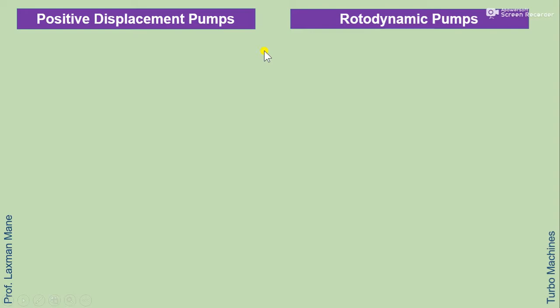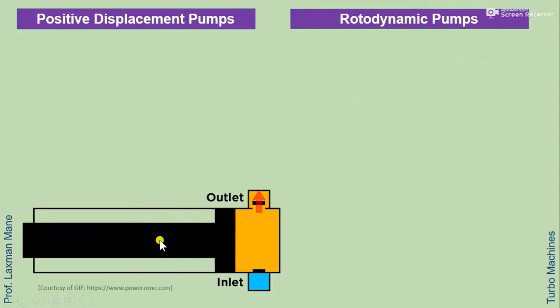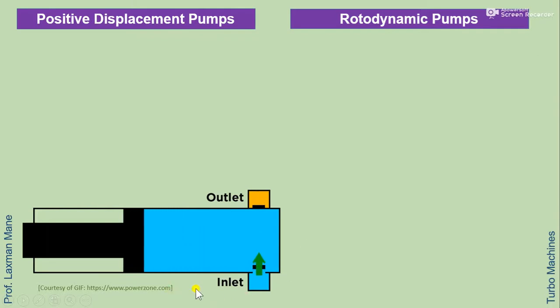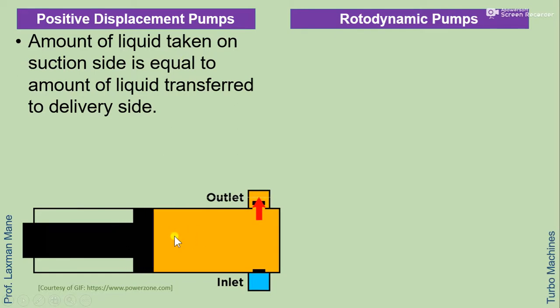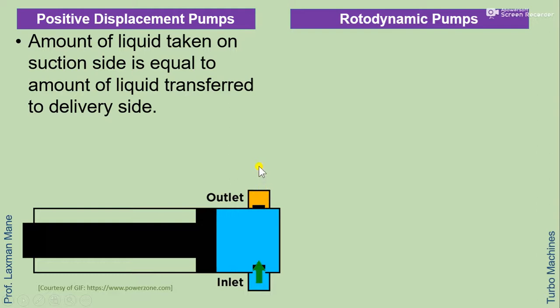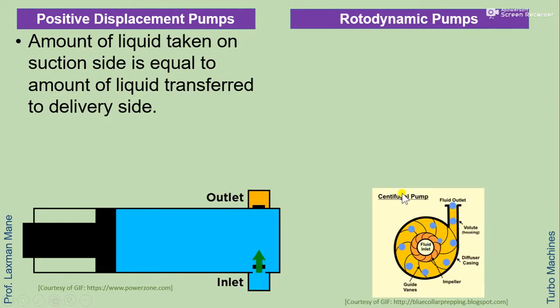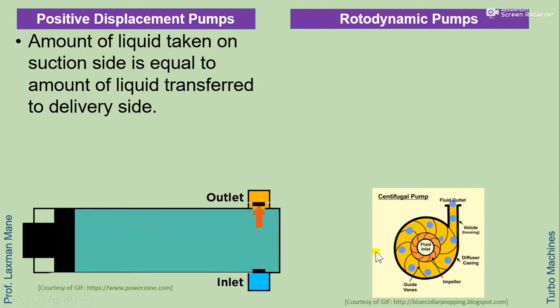Now we will see difference between positive displacement pumps and rotodynamic pumps. Example of positive displacement pump is a reciprocating pump. In this pump, amount of liquid taken on suction side is equal to amount of liquid transferred to delivery side. Example of rotodynamic pump is centrifugal pump.